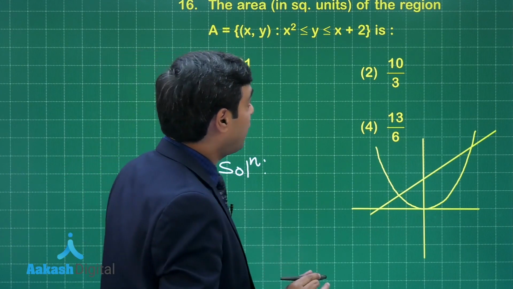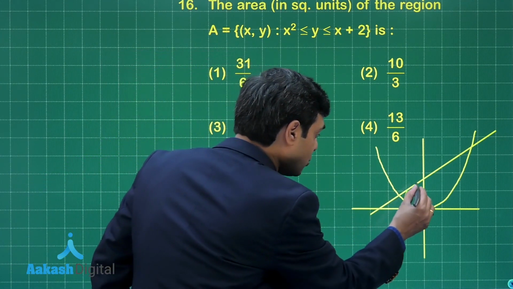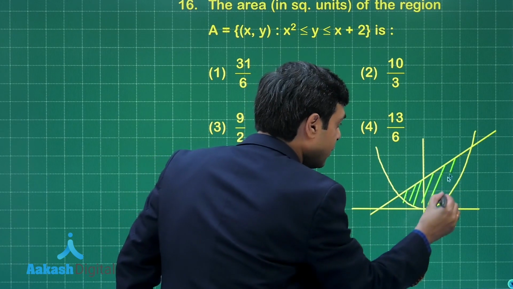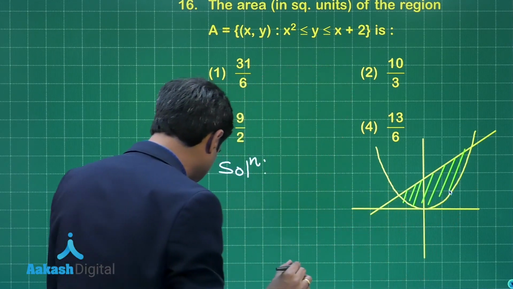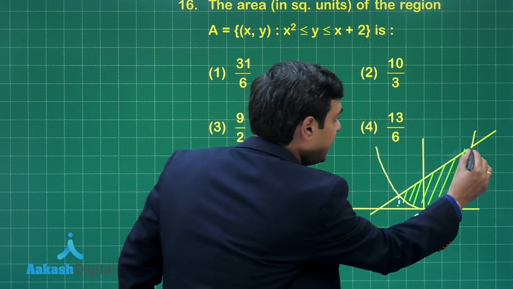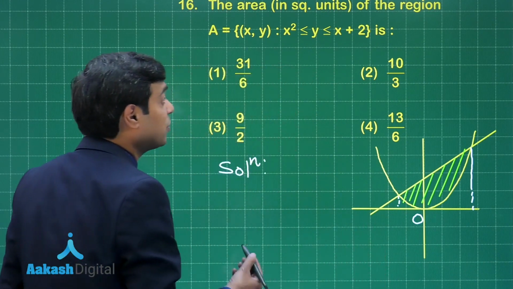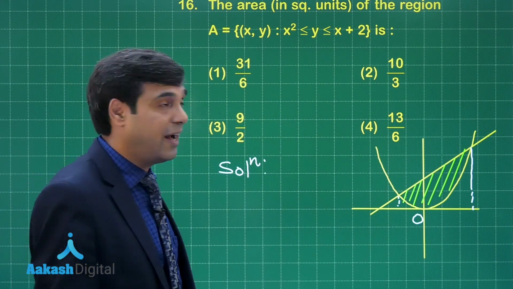Now, you need to mark important points. The question says you have to find the area bounded by these two. So what we require for this purpose, we actually need this point of intersection. Correct? So let's find the point of intersection of the parabola and line.